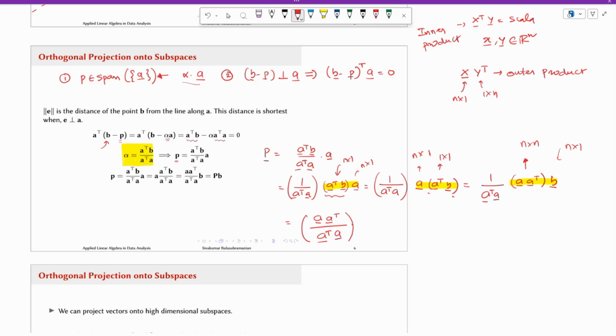So this whole thing will still be a matrix, multiplied by B, and that will produce my orthogonal projection of the vector B onto the subspace spanned by A. And this matrix is essentially called the orthogonal projection matrix onto the subspace spanned by the vector A.